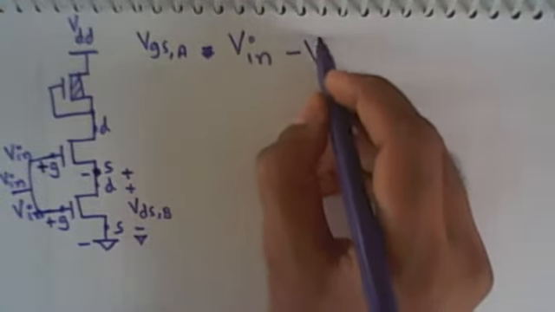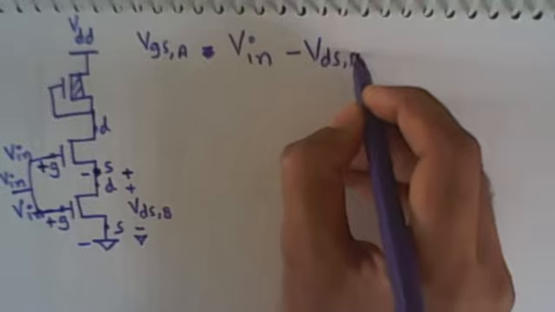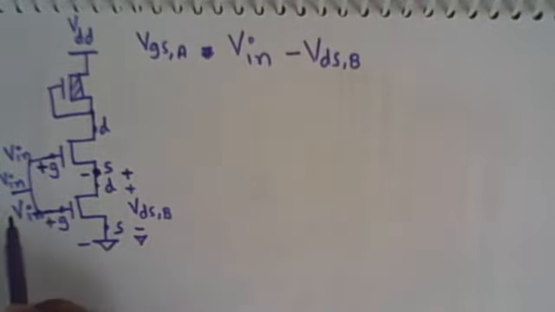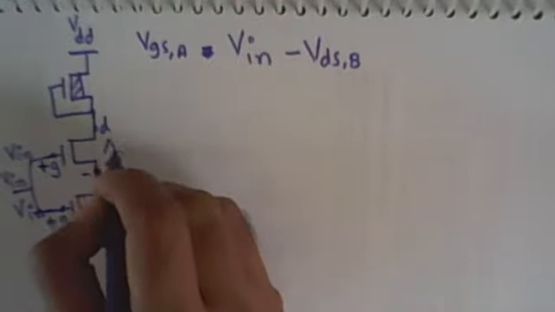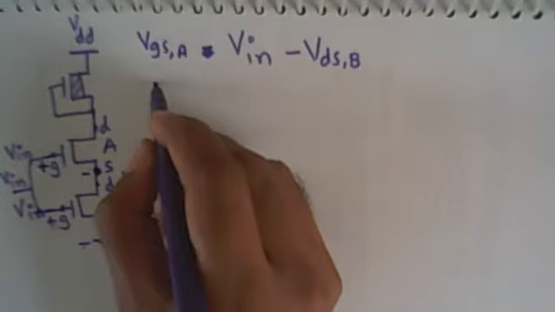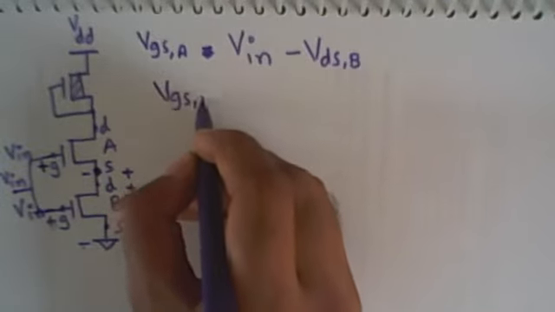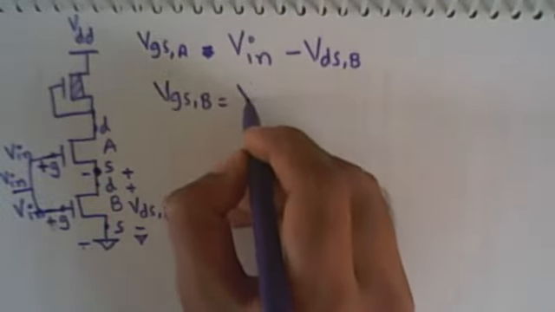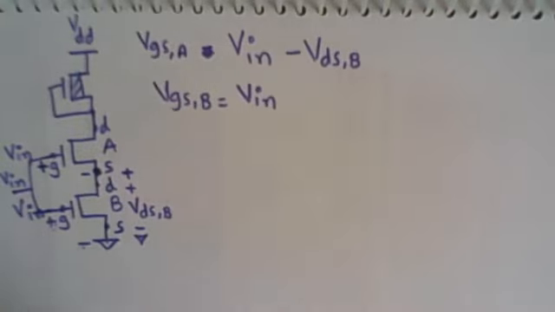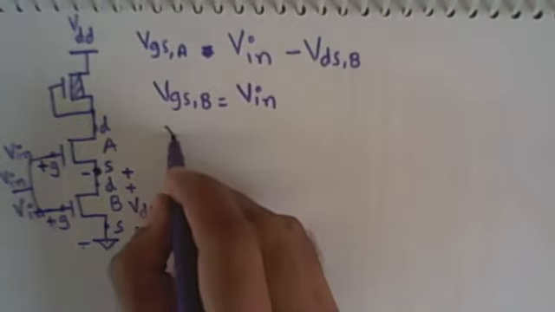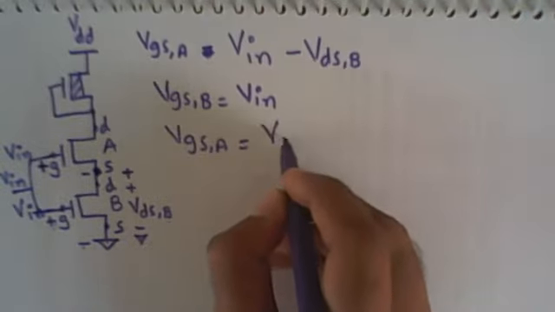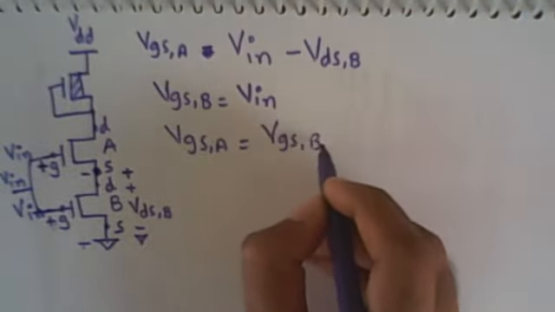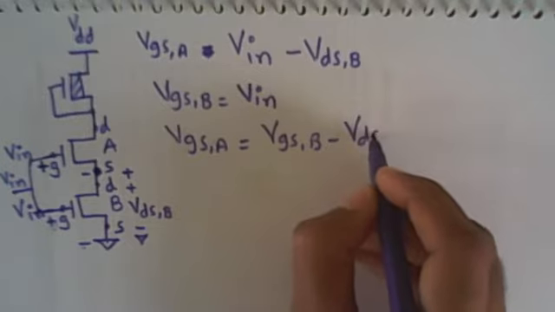Now V input can also be written as the gate to source voltage of the B MOSFET. This is B MOSFET, this is A MOSFET. So VGS of B can be written as the input. So VGS of A, we can say, is VGS of B minus VDS of B.